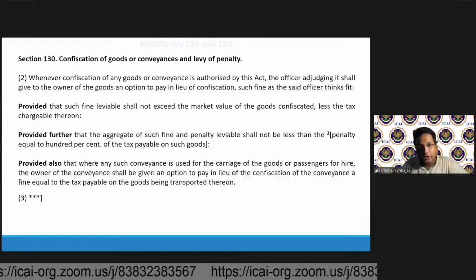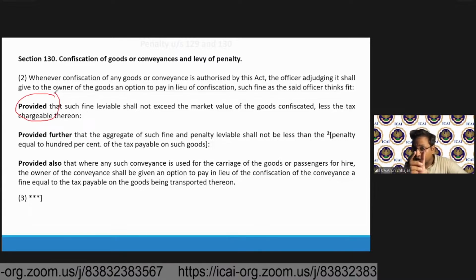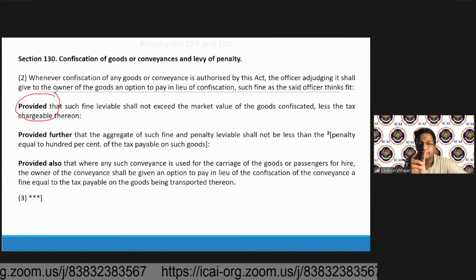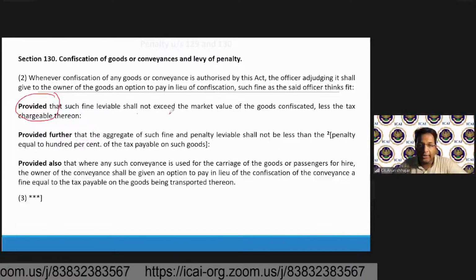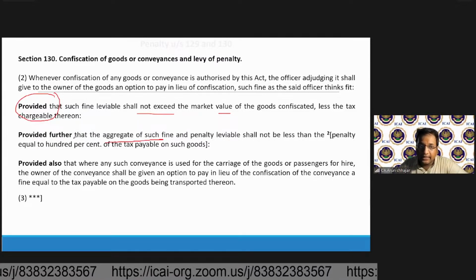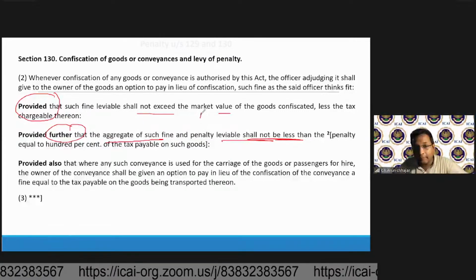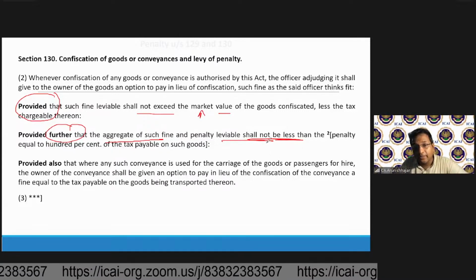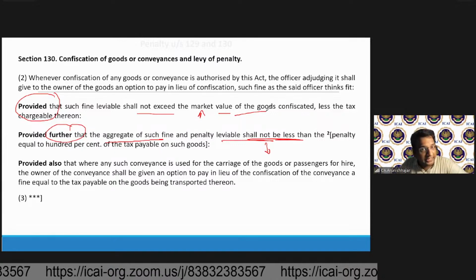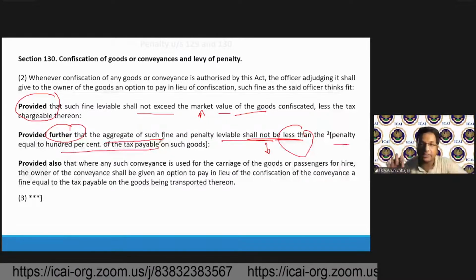The amount that has to be paid is called the redemption fine. It should not exceed the market value minus taxes, and should not be lesser than the penalty. This is the upper cap and this is the lower cap. The redemption fine should not be more than market value minus tax and should not be less than the penalty equal to 100% of the tax payable.